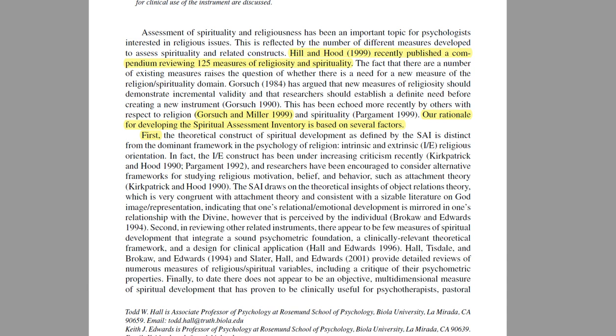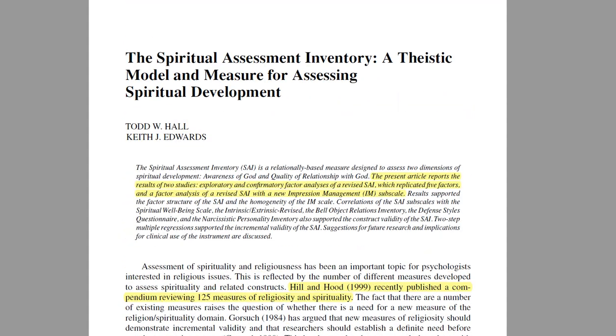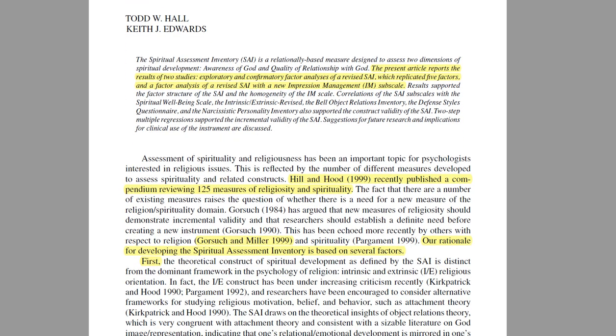However, be careful not to cite these sources, otherwise the article you're reading becomes a secondary source. In other words, this is by Hall and Edwards, okay? The beginning is not examining their research, but instead an example like here, Hill and Hood. So if I'm writing a literature review, I want to avoid describing the Hill and Hood study.